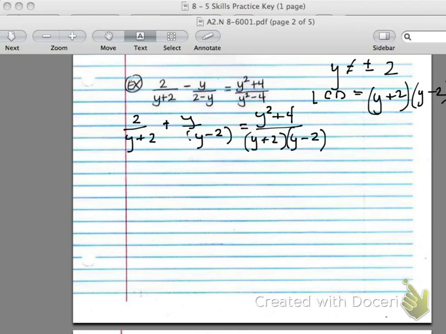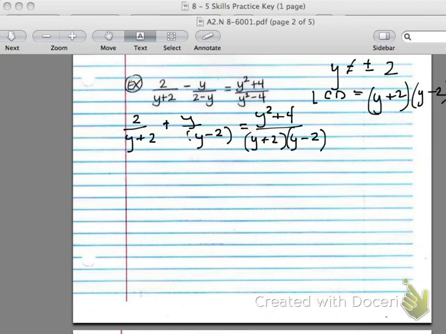So this covers both of these. So our LCD would be y plus 2 times y minus 2. Next step, multiply both sides by the LCD. So now I'm not going to skip any steps so that you can see what's happening. And this is kind of why your LCD works.